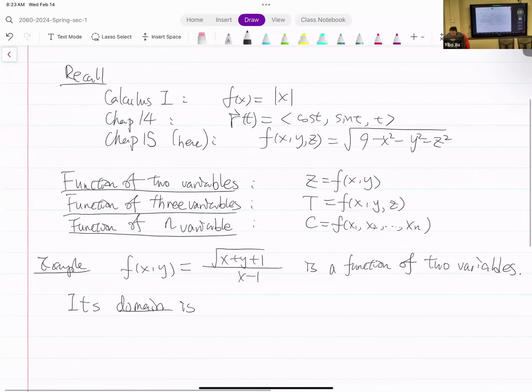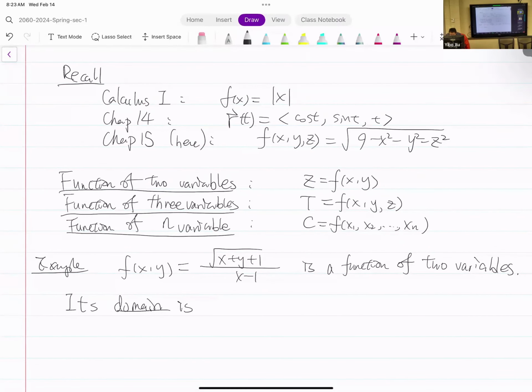is, so let's see. Firstly, we realize that there's a denominator, so the denominator cannot be 0, right? So this tells you x cannot be 1. And at the same time, we realize that there's a square root. In the square root, the input cannot be negative.